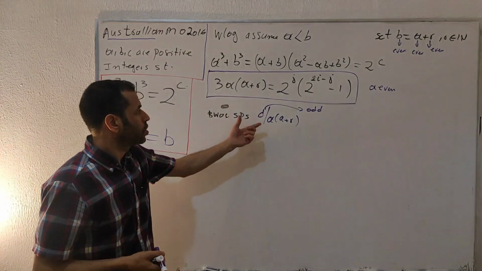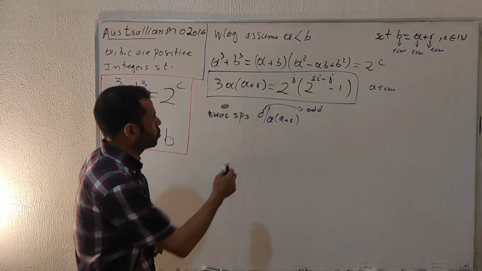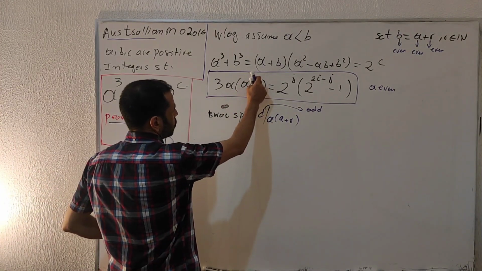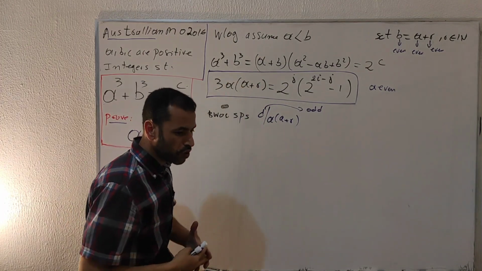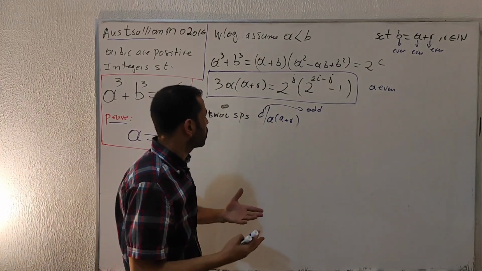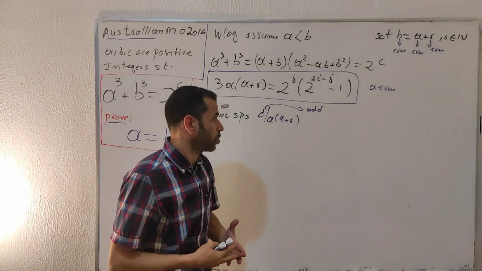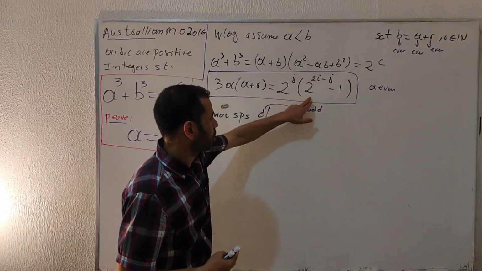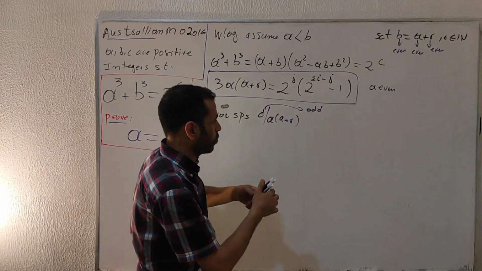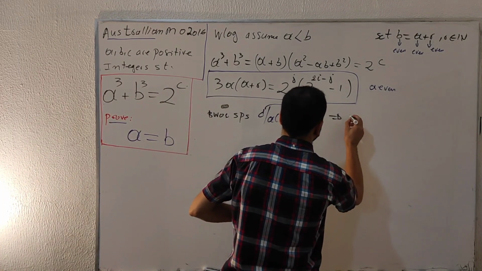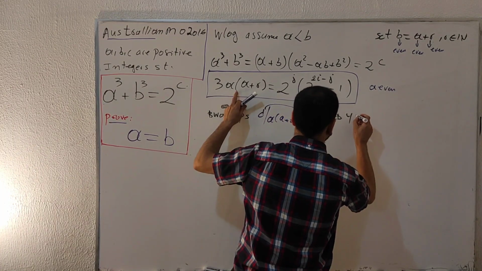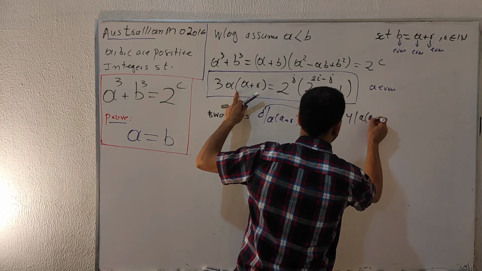If you take a look carefully at this term, since this term is even and this one is even, the product of these two numbers is going to be divisible by the number 4. Which means the right hand side of this equation must be divisible by 4. This one is telling us 4 divides a multiplied by e plus r.